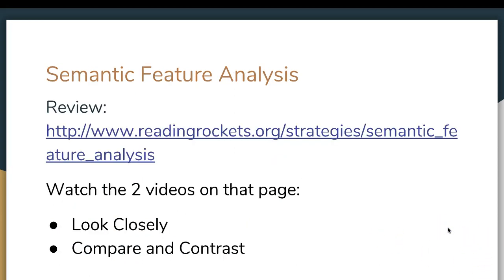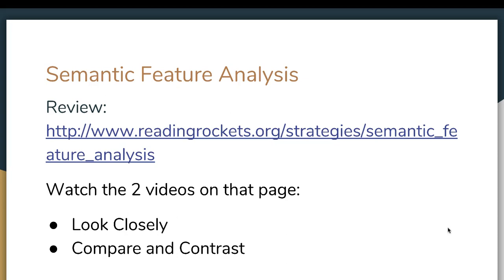And so when we dig into why things are not semantically correct and how we need to go about them, then we want to look at semantic feature analysis. And there's a link here to Reading Rockets. I love Reading Rockets. There's a great little short article. There's a lesson plan.